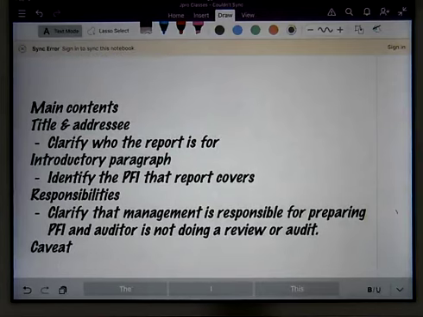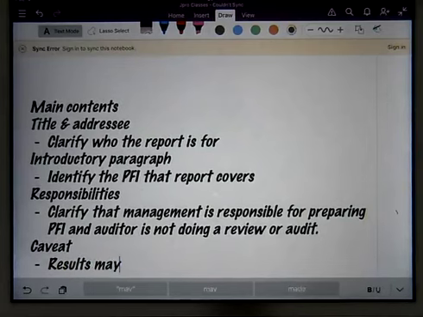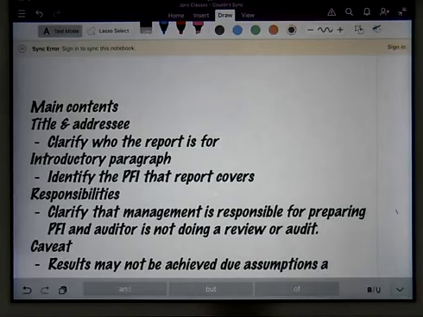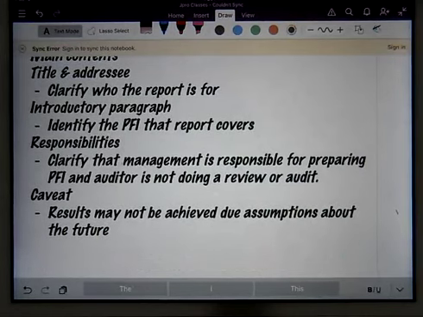You have a caveat. What's the caveat? So you must say that the future you can't confirm.